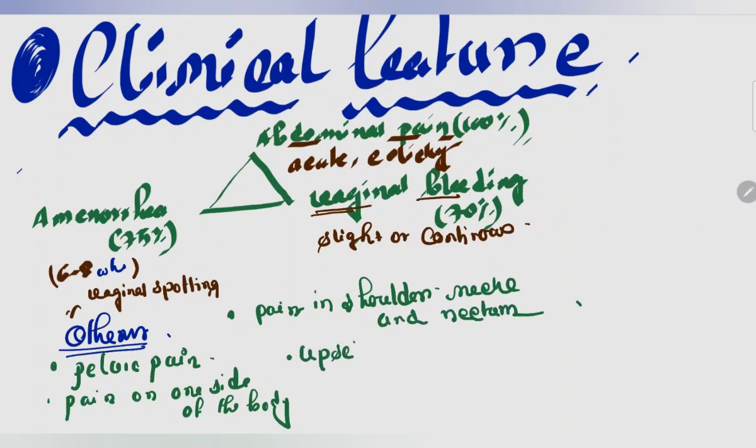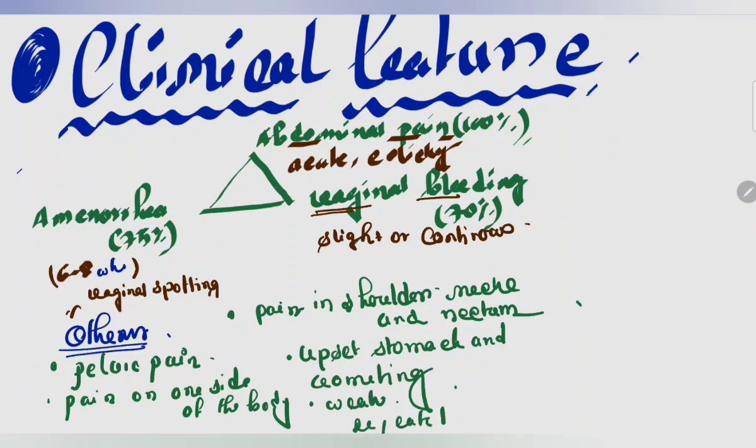Upset stomach and vomiting can also occur. Patient also feels weak, with urge to repeatedly urinate.